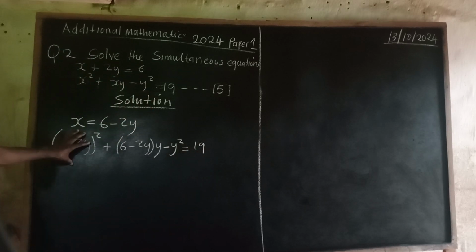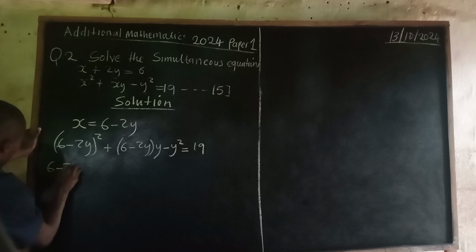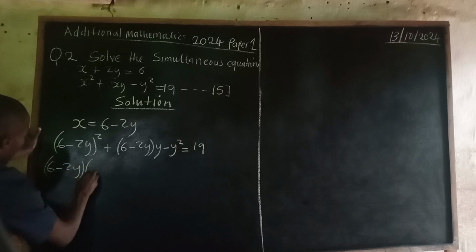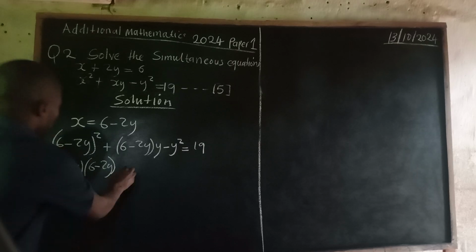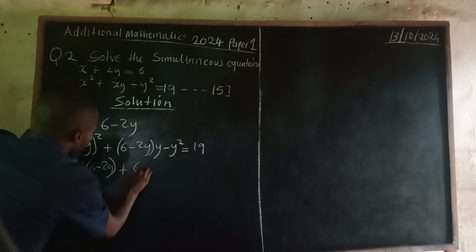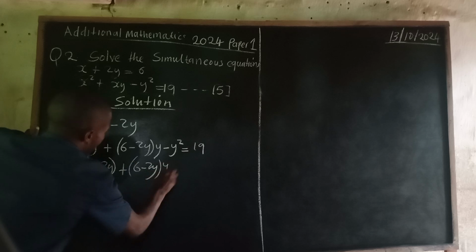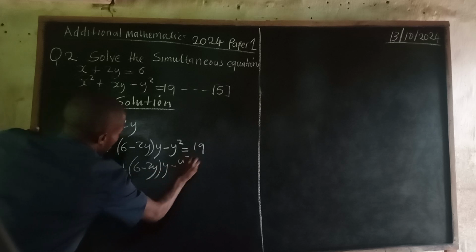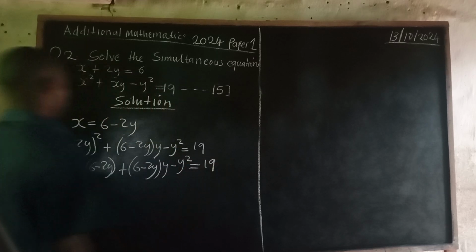Since 6 minus 2y is squared, we are going to separate them like this: 6 minus 2y times 6 minus 2y. That is the rule which is there. Then plus 6 minus 2y, then y, minus y squared, equals 19.